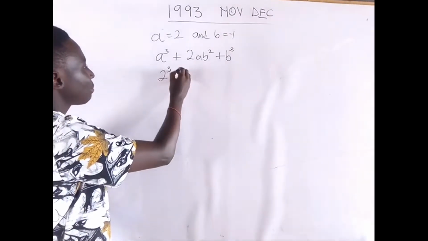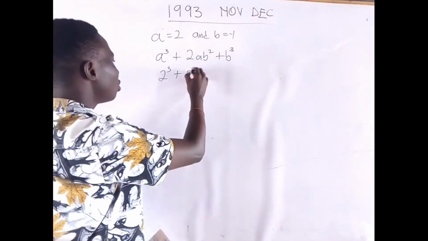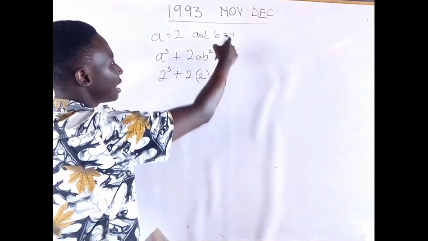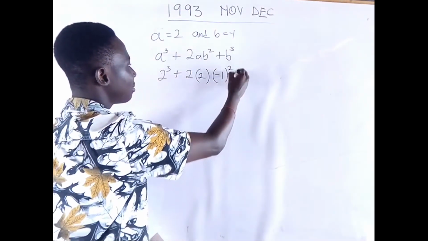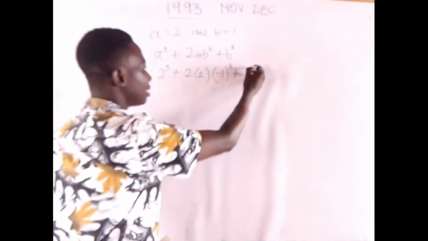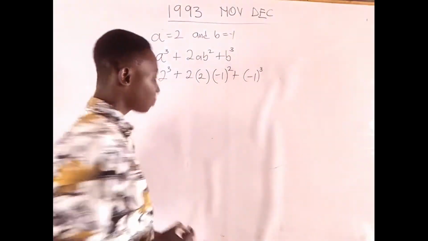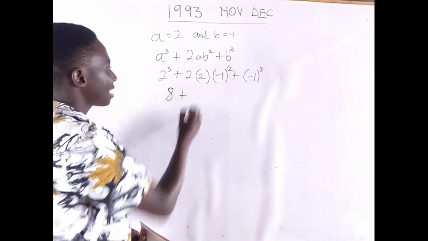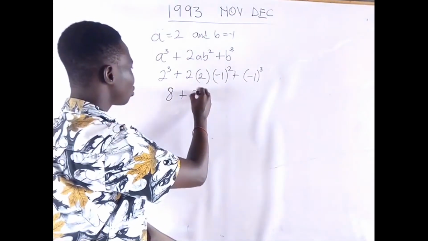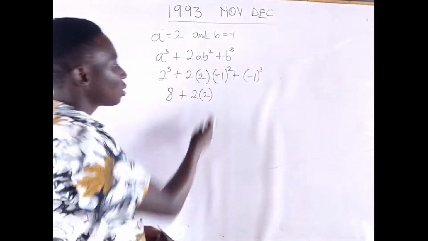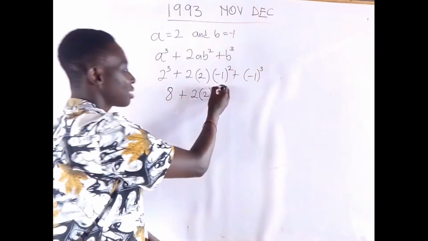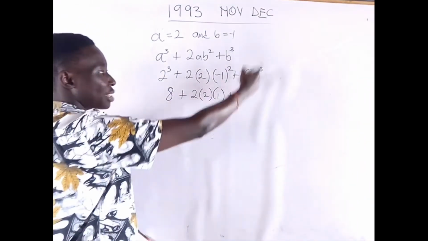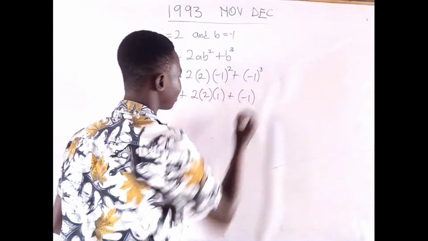2 exponent 3 plus 2 into a is 2 and b is -1 squared plus -1 cube. 2 cube gives us 8 plus 2 multiplying 2, -1 squared gives us 1, plus -1 cube gives us -1.